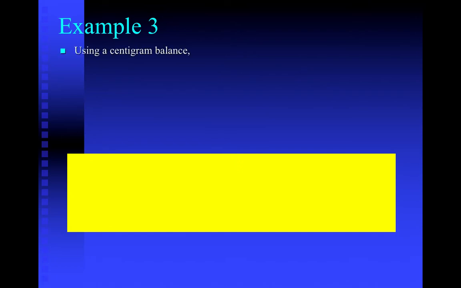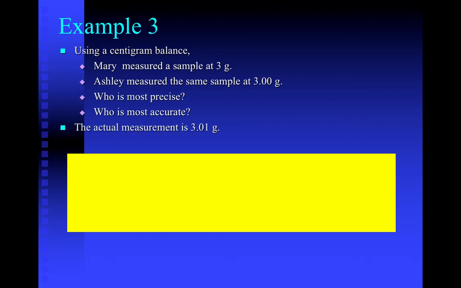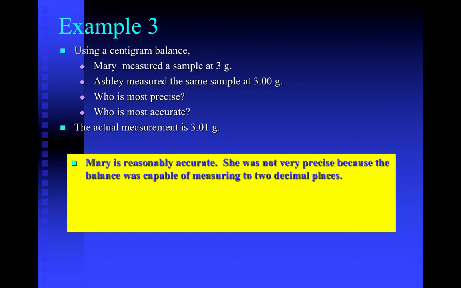In example 3, we have two people that are taking measurements using a balance. Mary measures a sample as being about 3 grams, and Ashley measures that same sample and gets 3.00 grams. So let's say that the actual measurement is 3.01 grams. In this case, Mary is accurate.